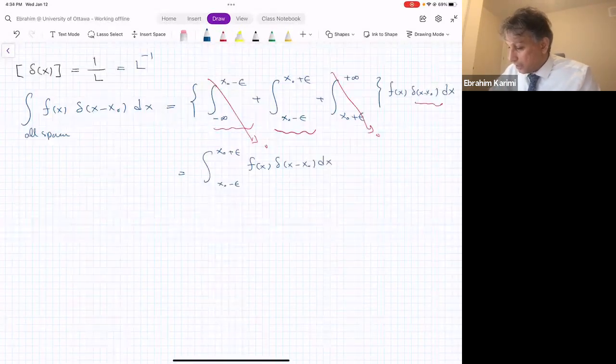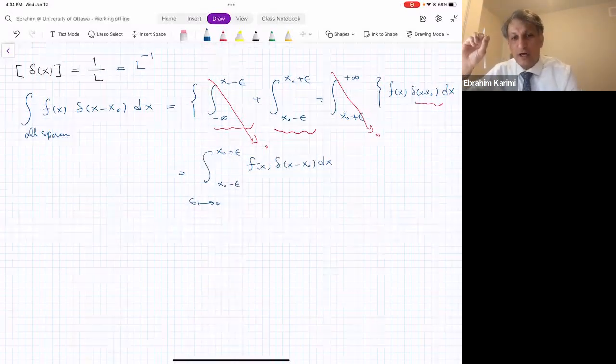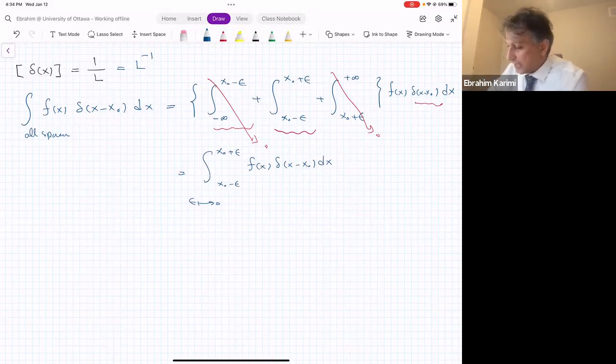Then we tend epsilon to 0, because we want to shrink it down to the point of the singularity, which is x naught. That becomes the integral of f of x naught, approximately, times delta of x minus x0 dx from x0 minus epsilon to x0 plus epsilon, epsilon goes to 0.